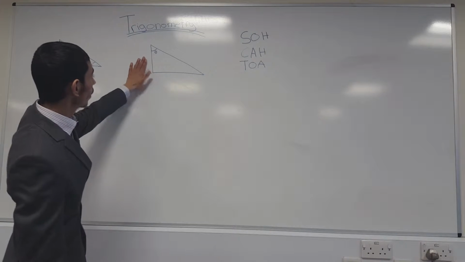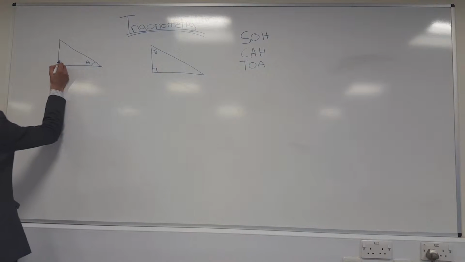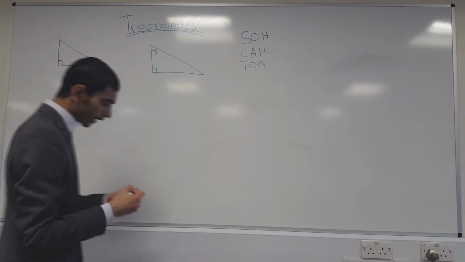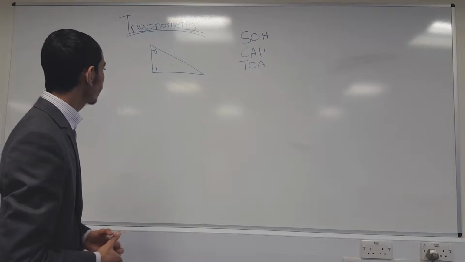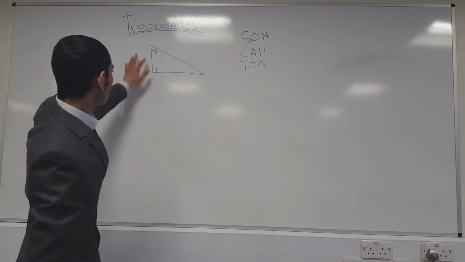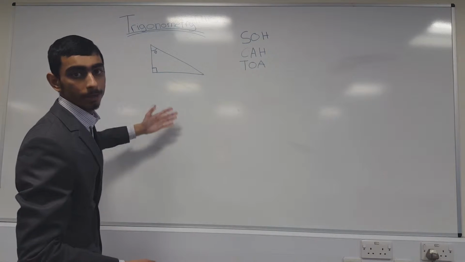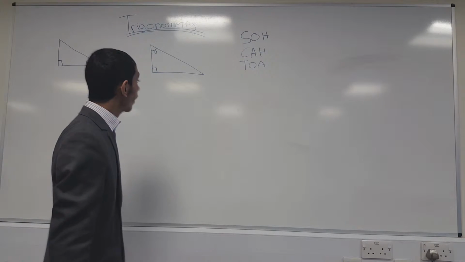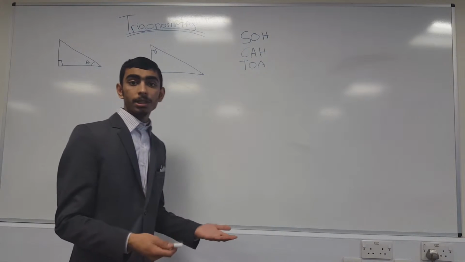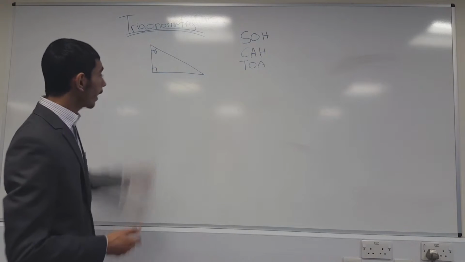Pretend we've got a right angle triangle, very important for reasons which I'll clarify later on, and you know its angle theta. Theta is just another way of expressing an angle algebraically. So you know that angle theta.